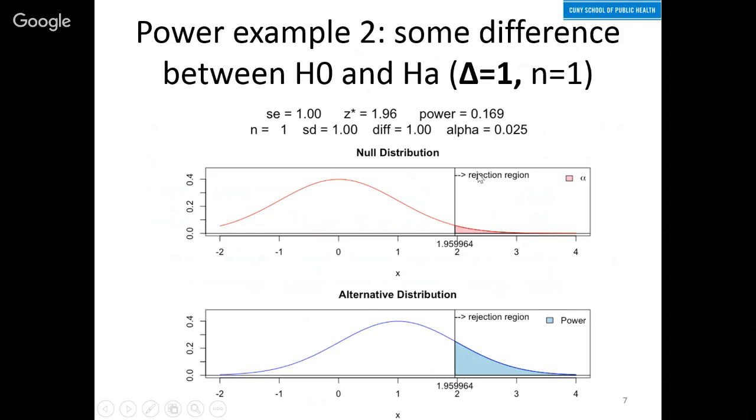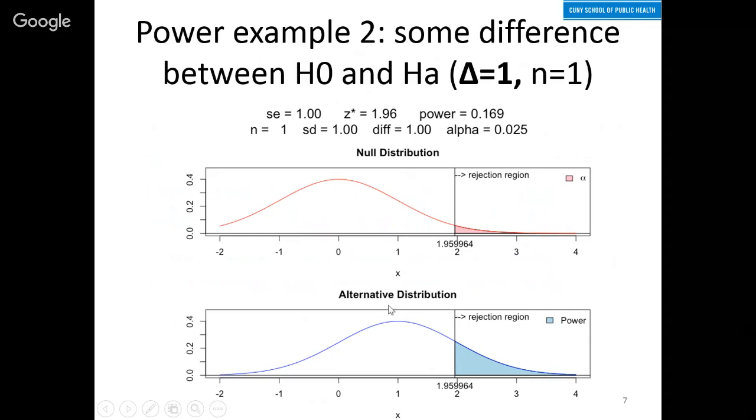So I'm calling this the rejection region because when we do our null hypothesis test, we're going to be assuming the null, and we're going to be rejecting if our test statistic lies out in this rejection region or in this rejection region.